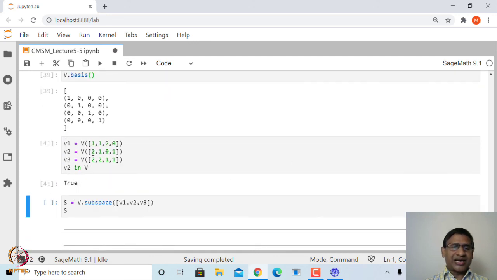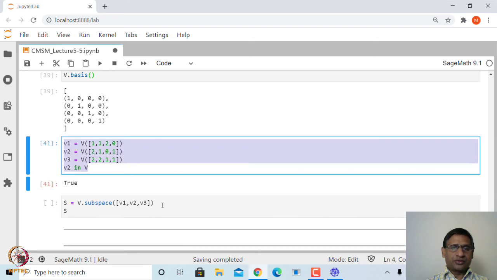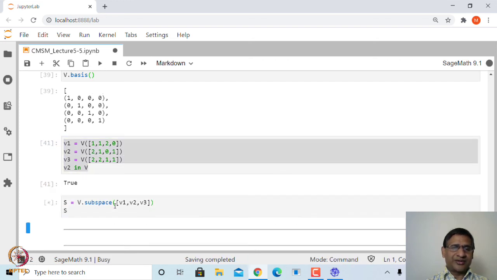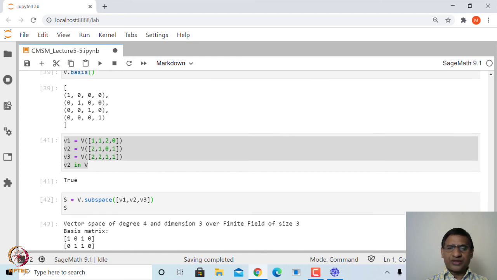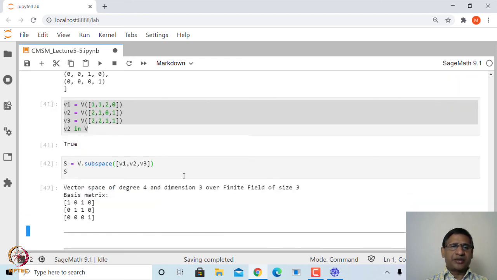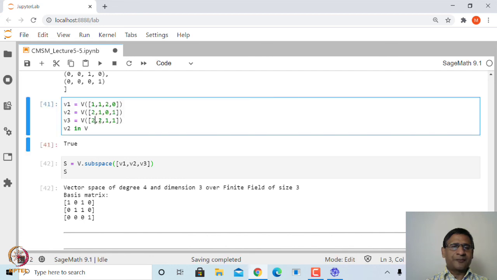Now for example, you can ask for the subspace spanned by V1, V2, V3. Again exactly the same way, this is a 3-dimensional subspace spanned by these. Let me change V3 and make it twice.